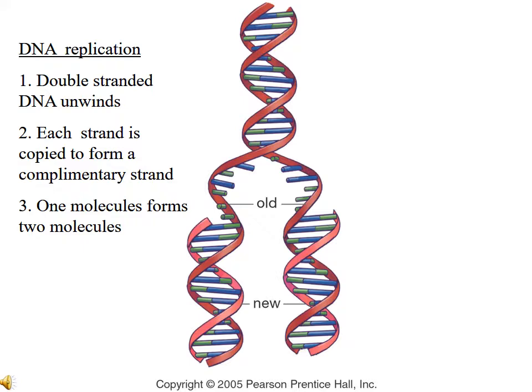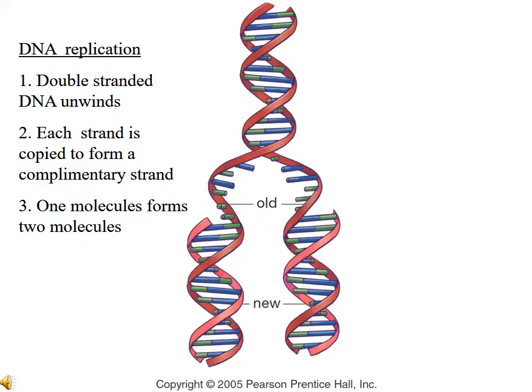When the double strand unwinds, each strand will now be copied to form a complementary strand. So an old strand will now come in and form another strand that is the opposite of it. And as you can see, the bottom line is, one molecule will form two molecules.